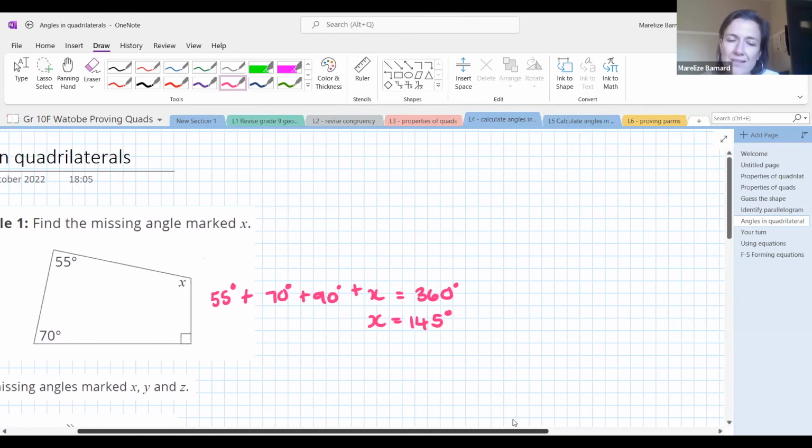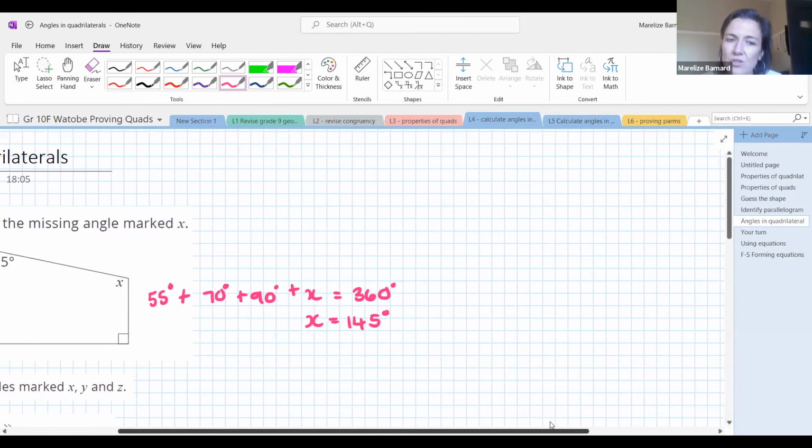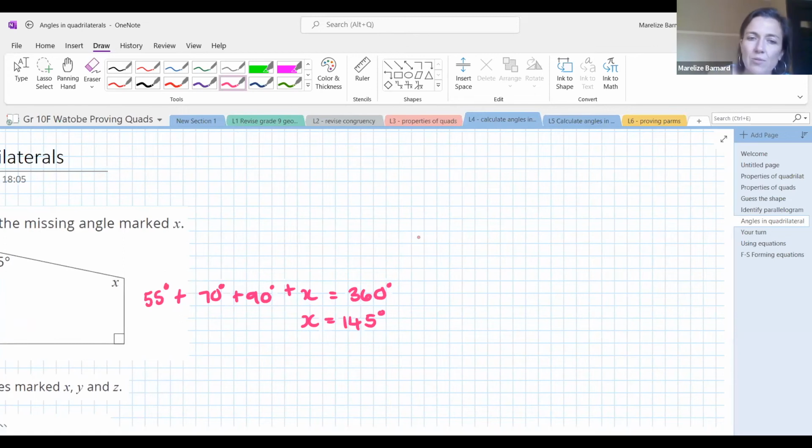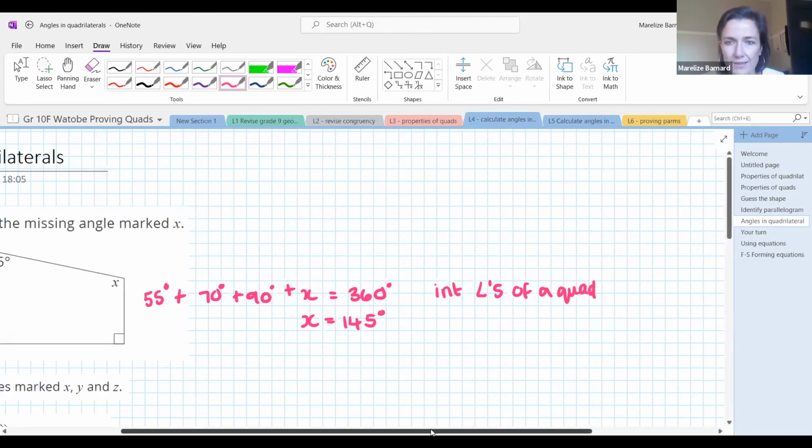Now we can't just write stuff and not give reasons. So when you write this equation, you have to say why. Why can you say this? And the reason you can say this is because of the interior angles of a quadrilateral. That's your reason.